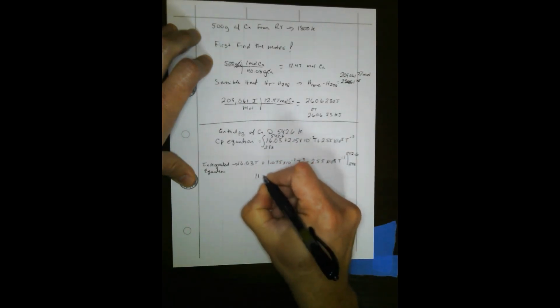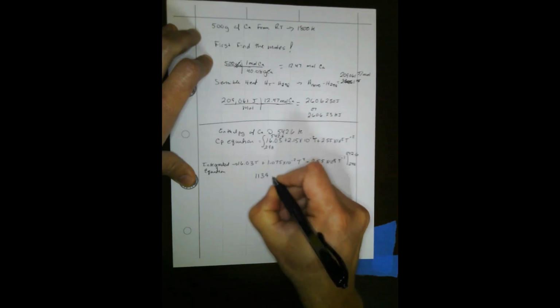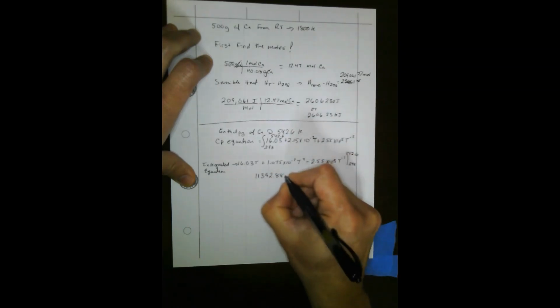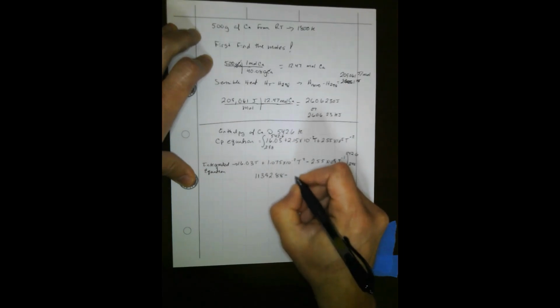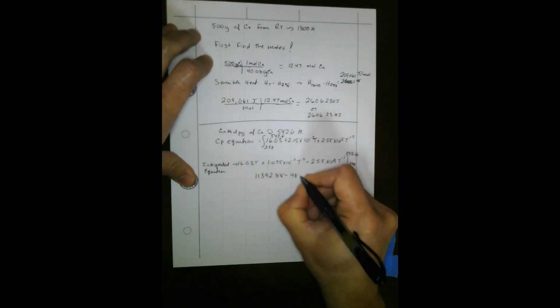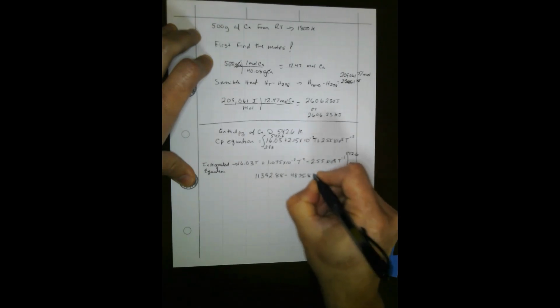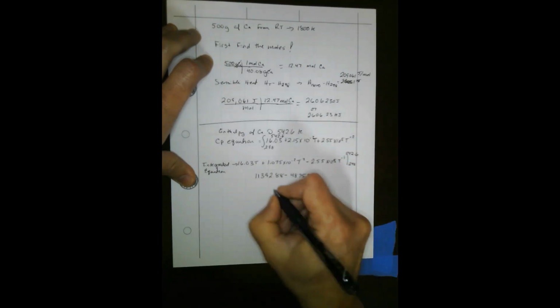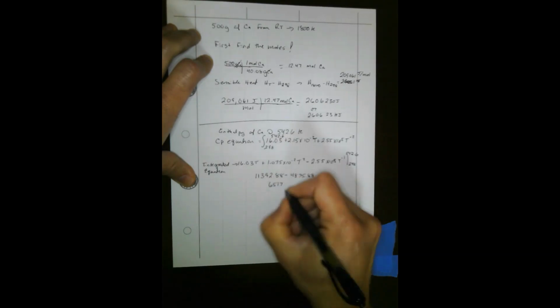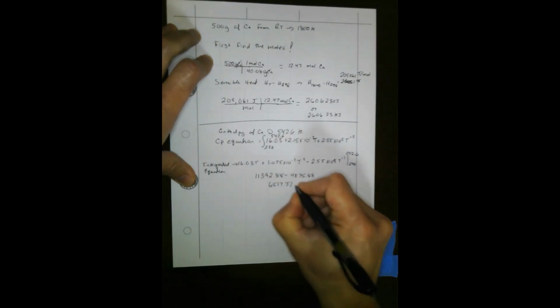And so it's 11392.88 minus 4875.88, and that gives me 6517 joules per mole.